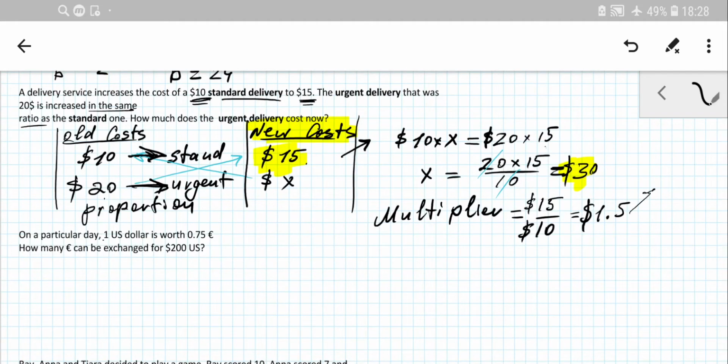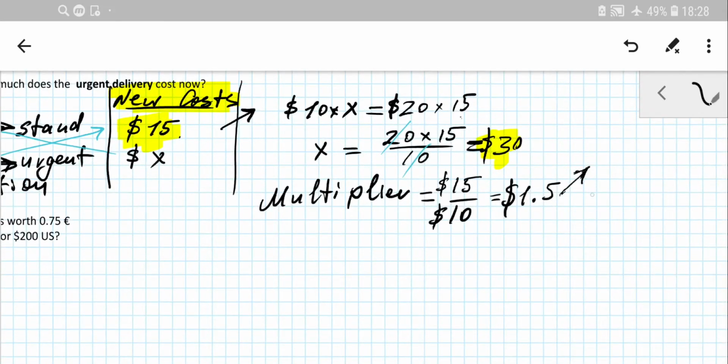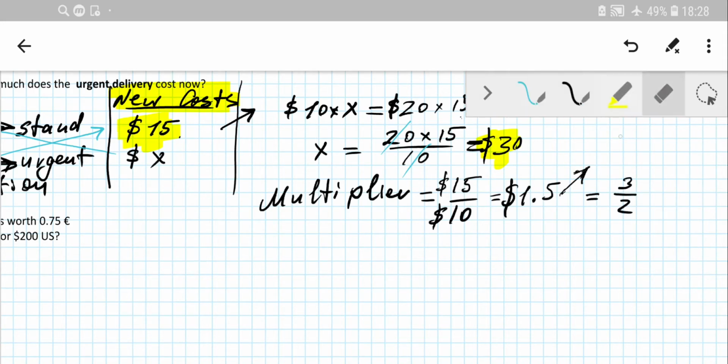This is the same as in economics. So for example, in some inflation rate, you're trying to apply the same. So by how many times did the price or cost rise? So 1.5, that's the answer. But instead of 1.5, I will use the simplified form of the fraction, 3 over 2, because it's much easier when you consider it as an ordinary fraction.